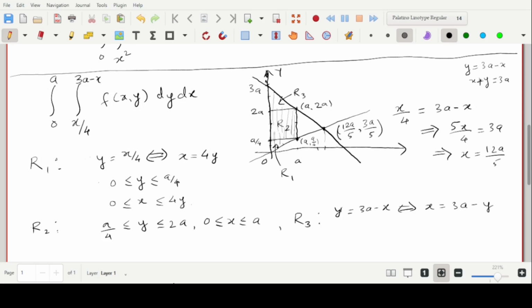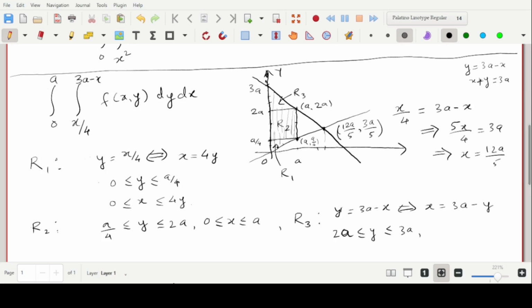Alright, now here we have y varying for this region R3. Now this is not a rectangle, sorry, a triangle region, I mean this region R3. y varies from 2a to 3a. And what does x vary between?